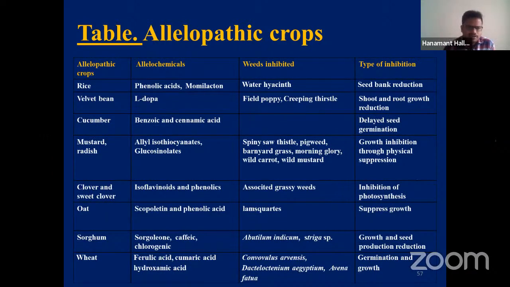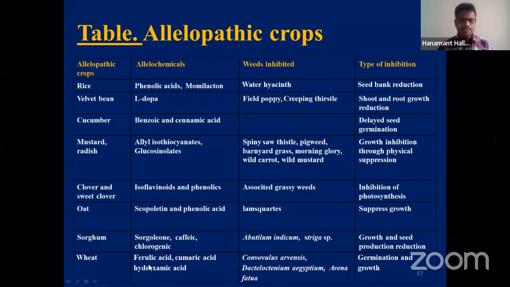Then in case of sorghum, the yellow chemicals such as sorgoleone, caffeic and chlorogenic acid, the weeds inhibited are Abutilon indicum and Striga species, mainly by growth and seed production reduction.